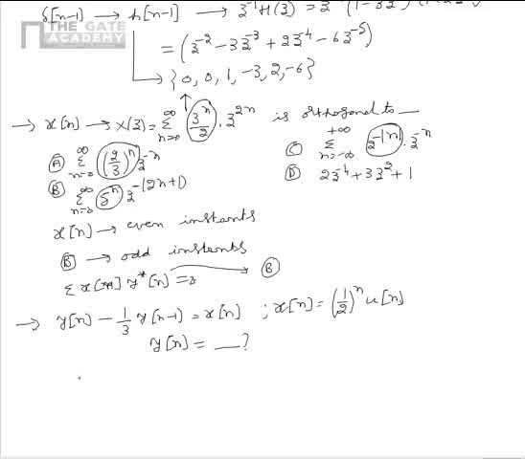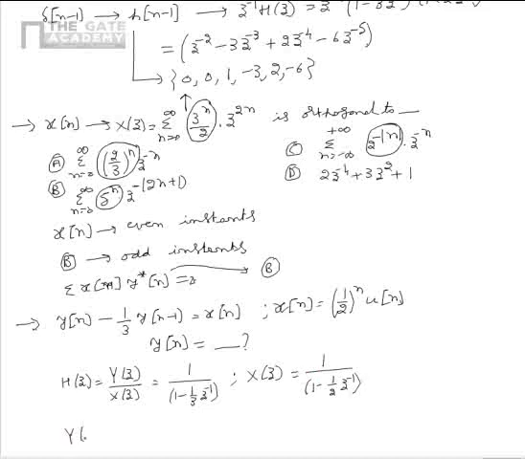We see that the given LTI system has the system function of H of z is equal to Y of z by X of z is equal to 1 by 1 minus 1 by 3 z inverse, and the z transform of the input is equal to 1 by 1 minus 1 by 2 z inverse.